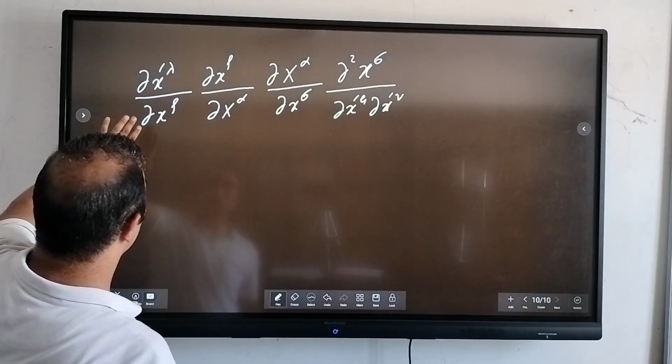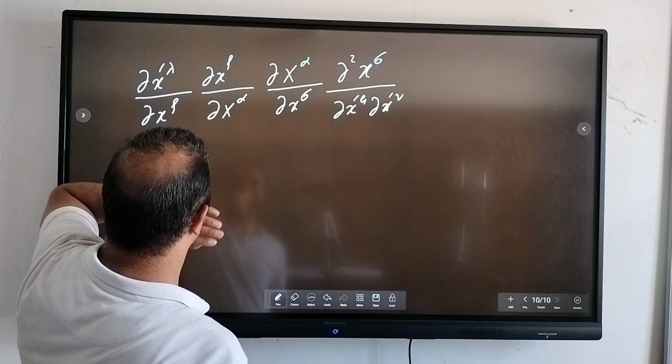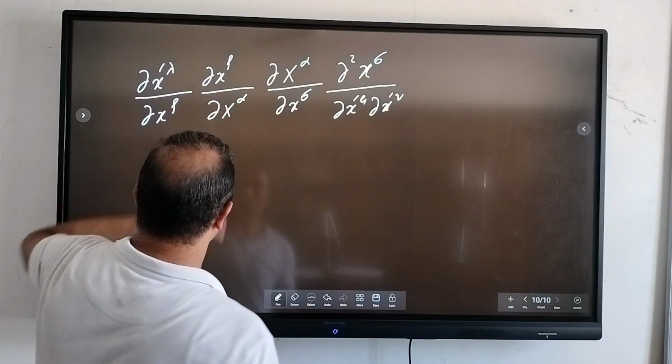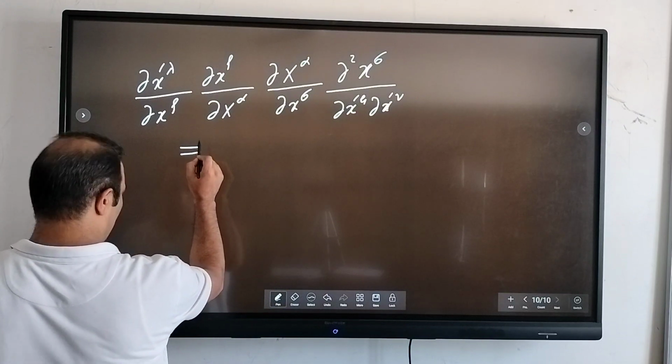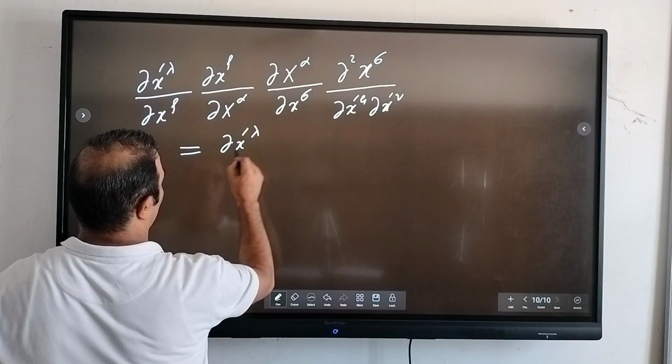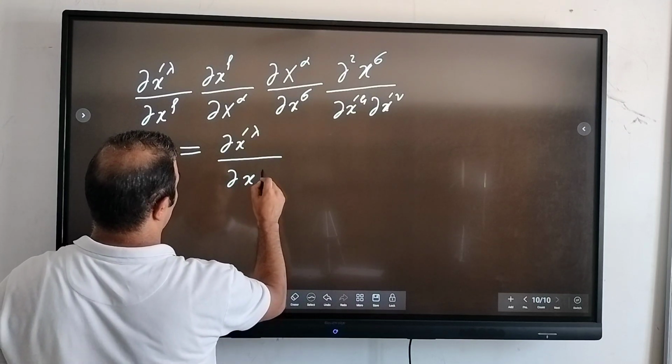Because here you can combine this and this term, right? Because this is alpha here, alpha. So you can rewrite this term as: this term will be equal to partial x prime lambda.